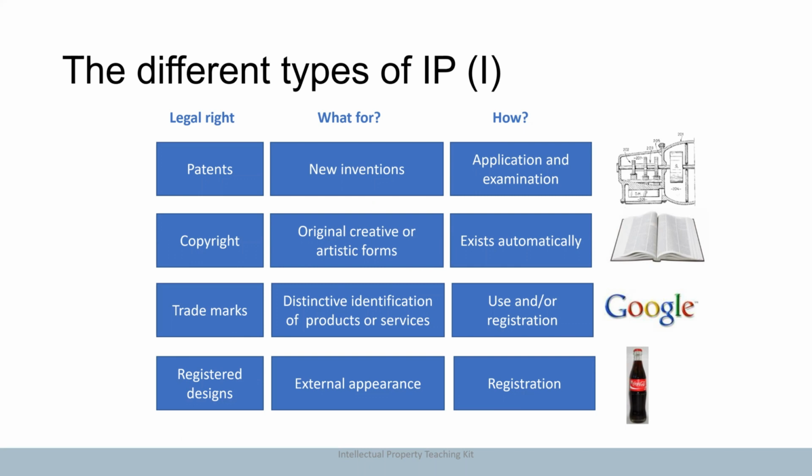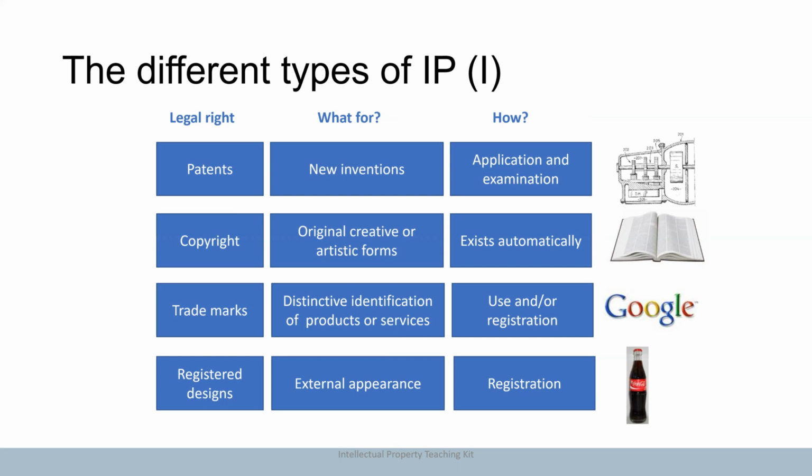So here in this slide and the next one, we have a brief introduction of the main different types of intellectual property. Like we have new inventions which can be protected and give rise to the right of the patents. And to get a patent, you need to pursue an application procedure, which also gets an examination from a particular authority. We will see this better in a while.